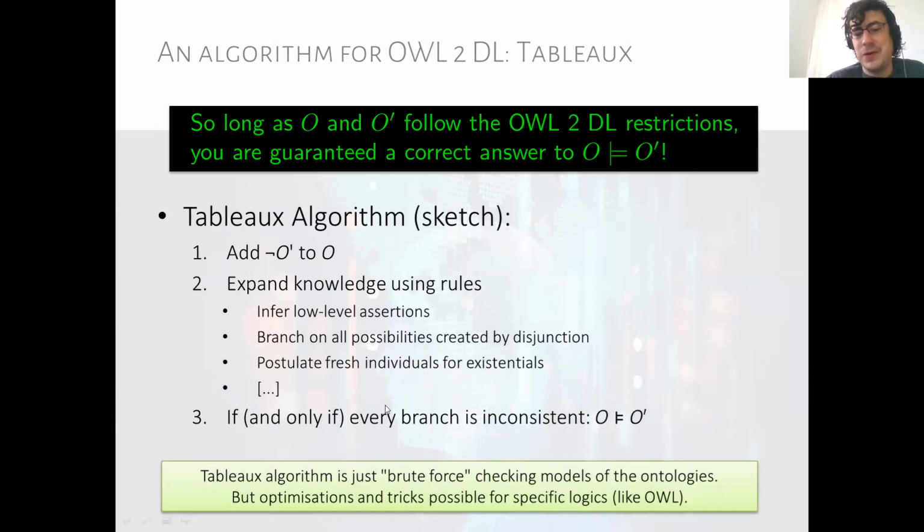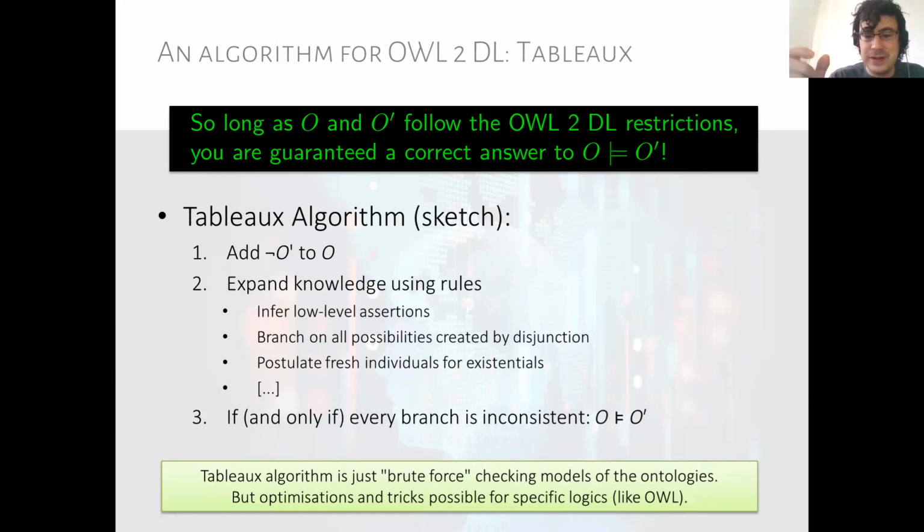Essentially, what I showed here is a very brute force way of checking models, looking to see if a model can exist or if an ontology is satisfiable or not. It's just trying to expand out all the knowledge, all the possibilities. But there are some optimizations, and some tricks possible to prune branches that are going to result in inconsistencies.